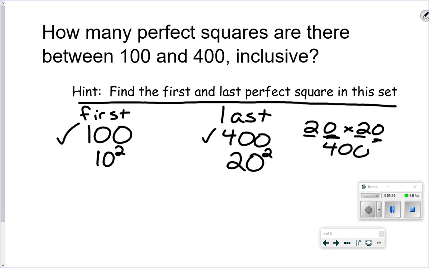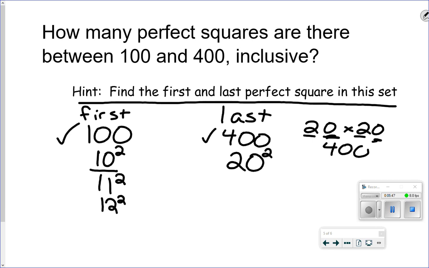So that doesn't answer the question, how many perfect squares are there? We need to figure out how many there are. I don't want to actually find all of the perfect squares in between 100 and 400. Instead, if I know that 10 squared is my first one, then I know 11 squared is also going to be in this group. So is 12 squared.